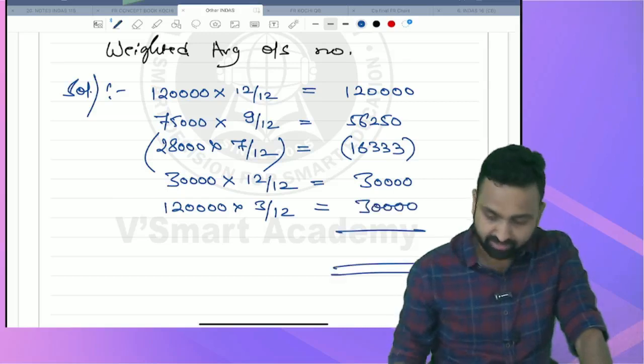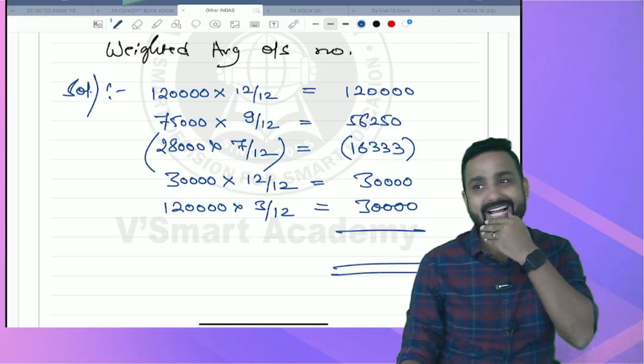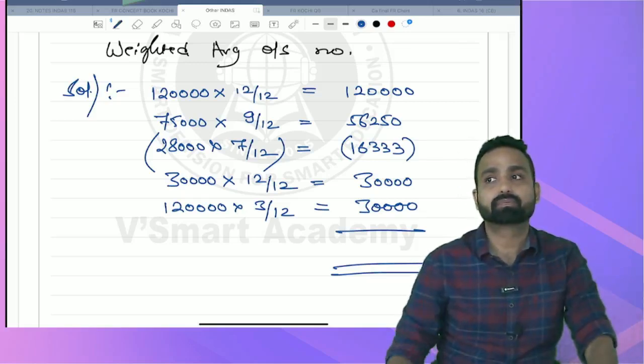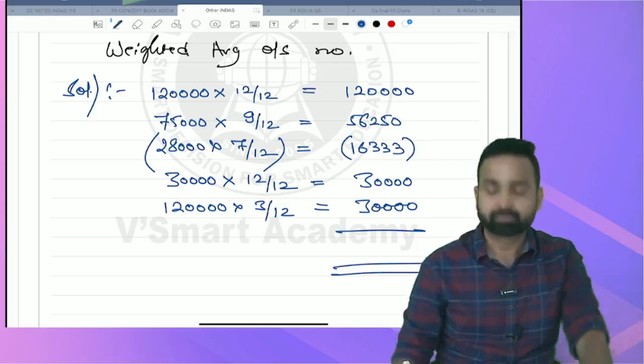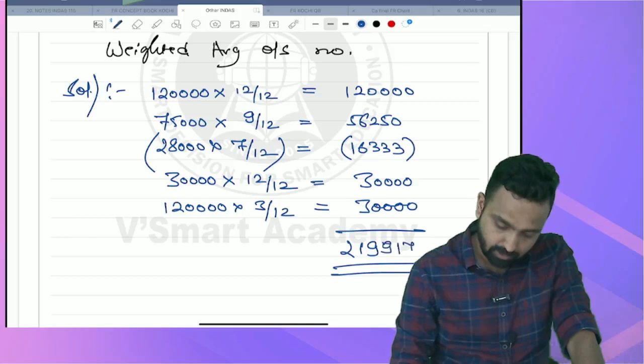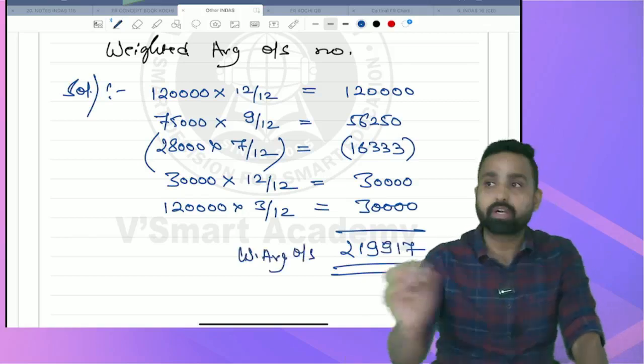So what is the weighted average number? Two lakh 917. This is the weighted average outstanding.